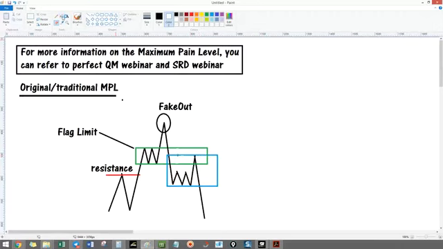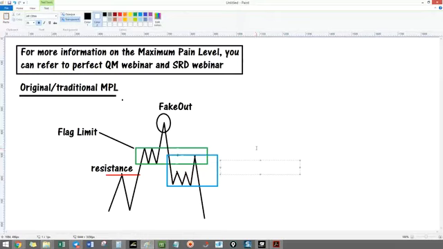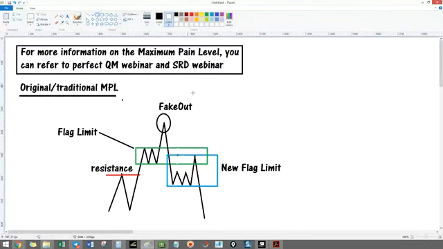Okay. So this is the new flat limit. New flat limit. This tiny thing is the MPL. Okay.